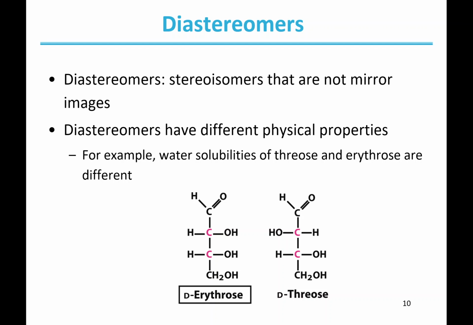So these guys are not mirror images. If you draw a line there, that would be a mirror image on that carbon, but this carbon is not a mirror image. So they're not mirror images, and they're not the same structure. So they're what we would term diastereomers.